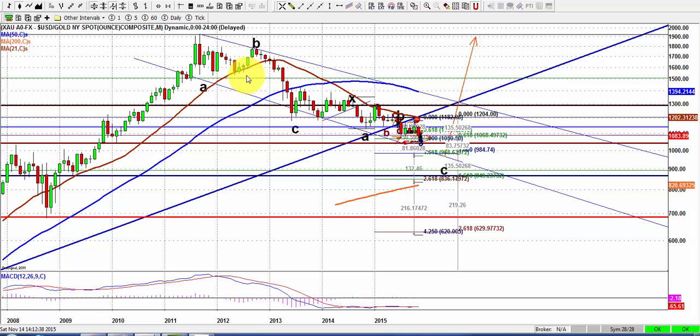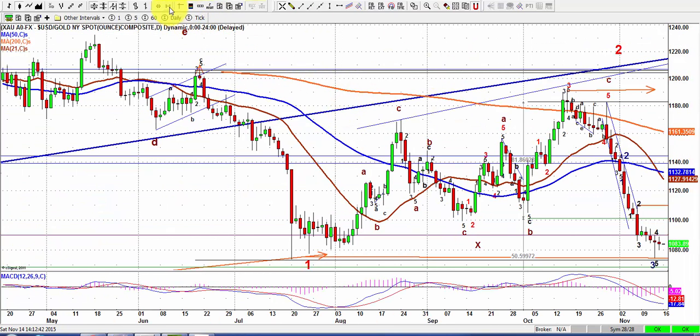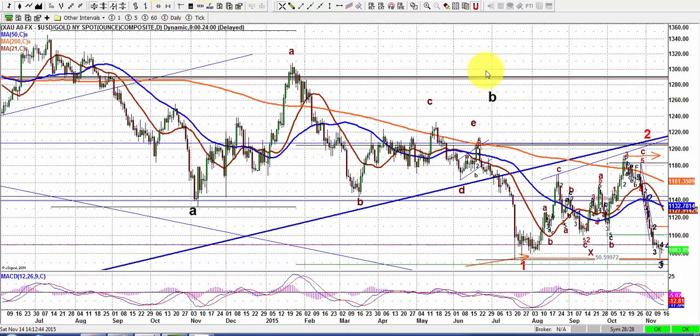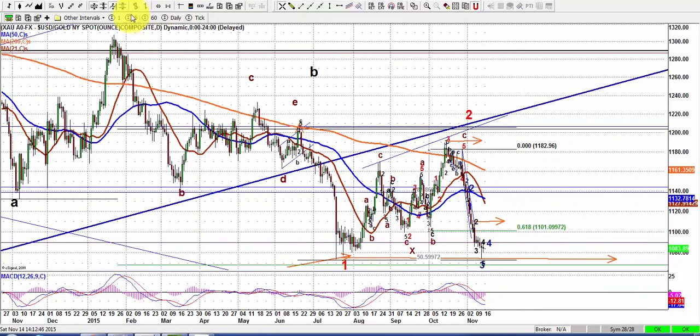Now there is another way to estimate the possible end of this 5-wave run. Now I learned it from a book. I don't even remember which book it was. It is, if you like, a rule of thumb. It's not engineering precision, but it's something that is helpful.